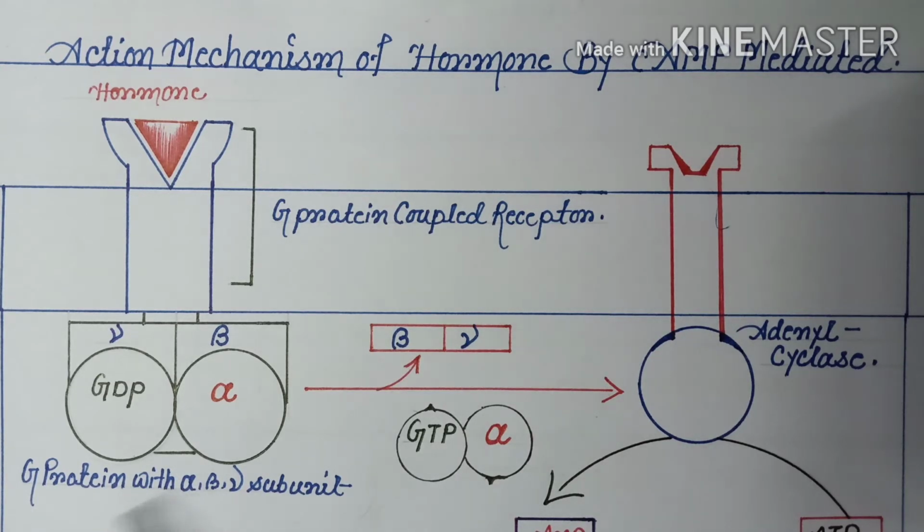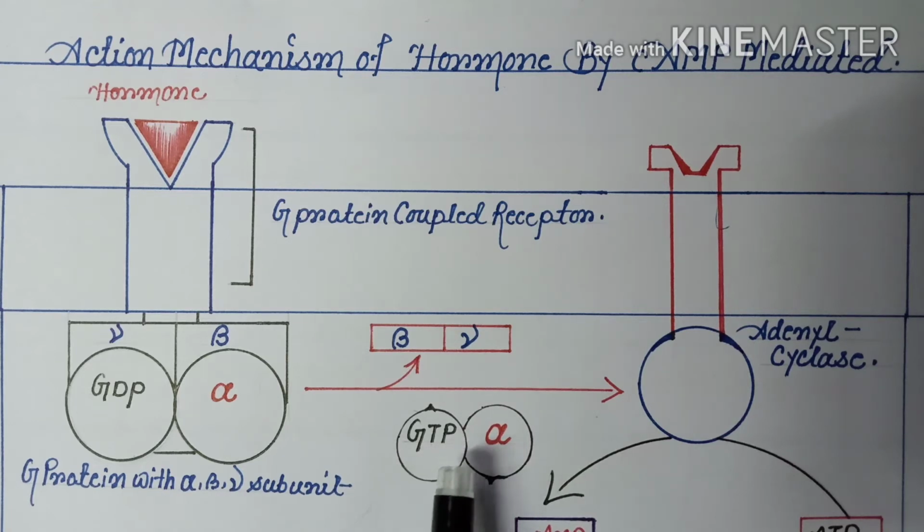When the hormone receptor complex is formed, this inactive G protein converts into active G protein, and then the GDP is transferred into GTP.